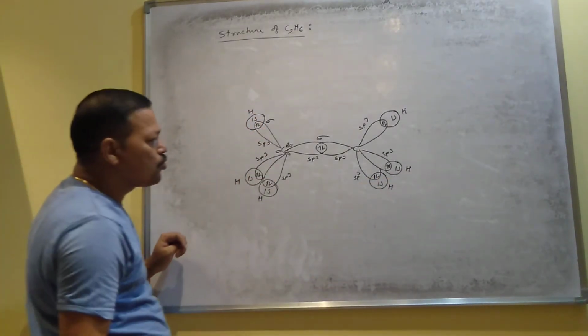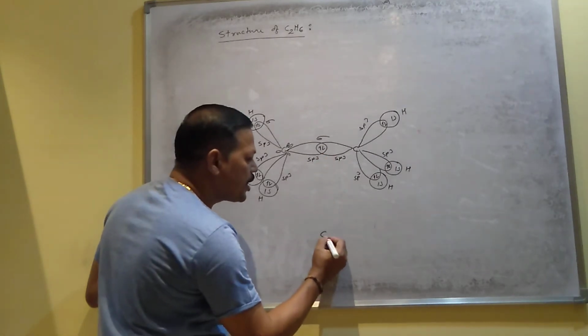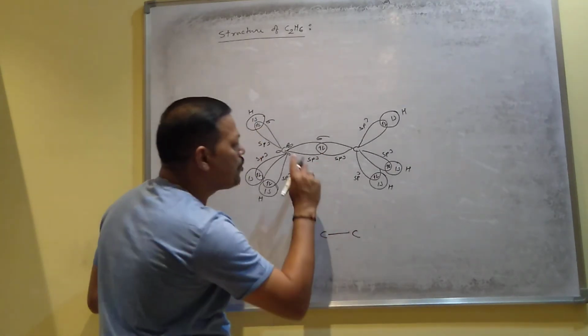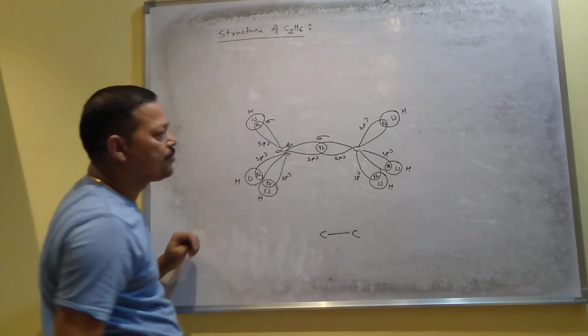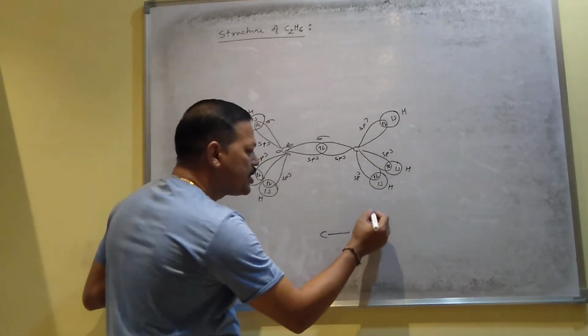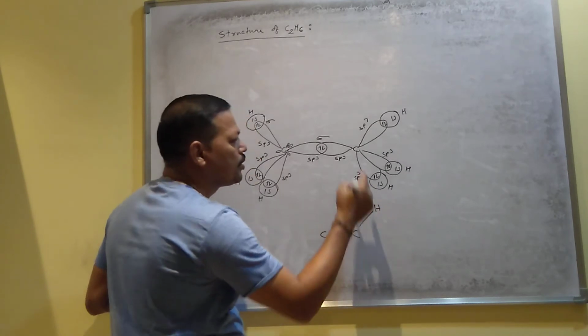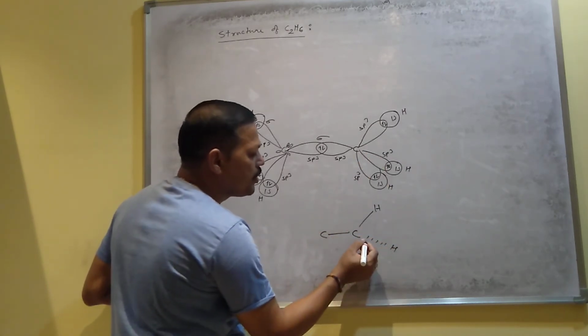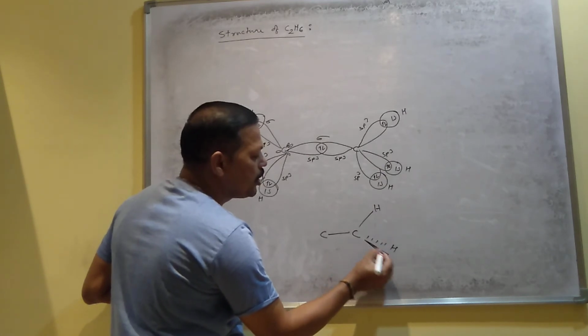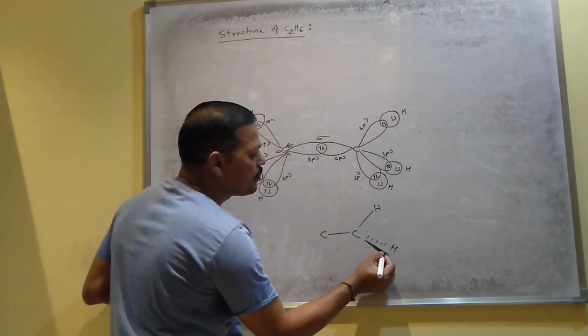So if you want to draw the structure of ethane, first the carbon-carbon sigma bond is produced by overlapping between sp3 orbitals, and this side one carbon-hydrogen bond. This is below the plane, so you write a dotted line. This is above the plane, you write a dash line.